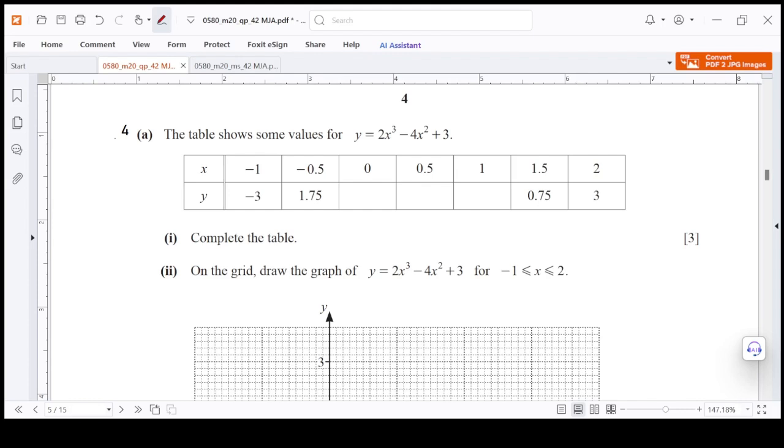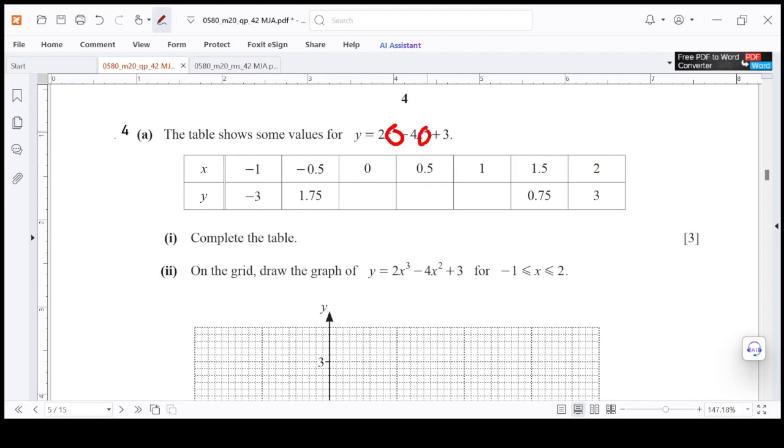This table shows some values for y equals 2x cubed minus 4x squared plus 3. Complete the table. Okay, so all we have to do in the first part is to substitute the values given here in this equation in place of x and get the corresponding y's. So I'm going to substitute 0.